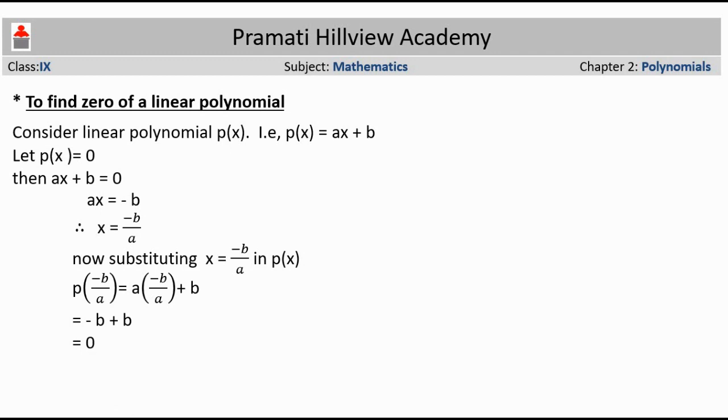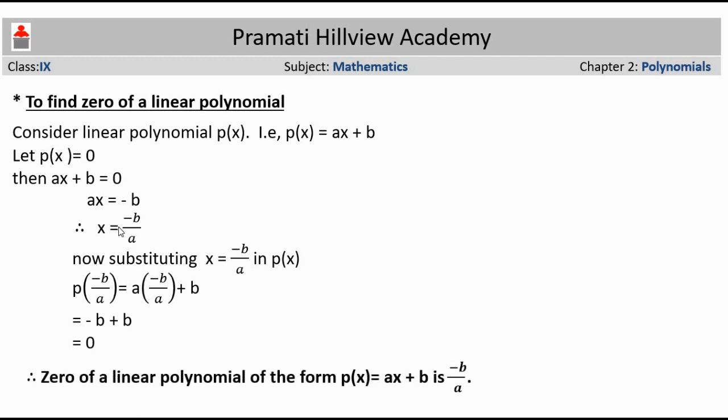That is, when x becomes minus b by a, then p of x becomes 0. Therefore, the zero of a linear polynomial of the form p of x equals ax plus b is minus b by a.